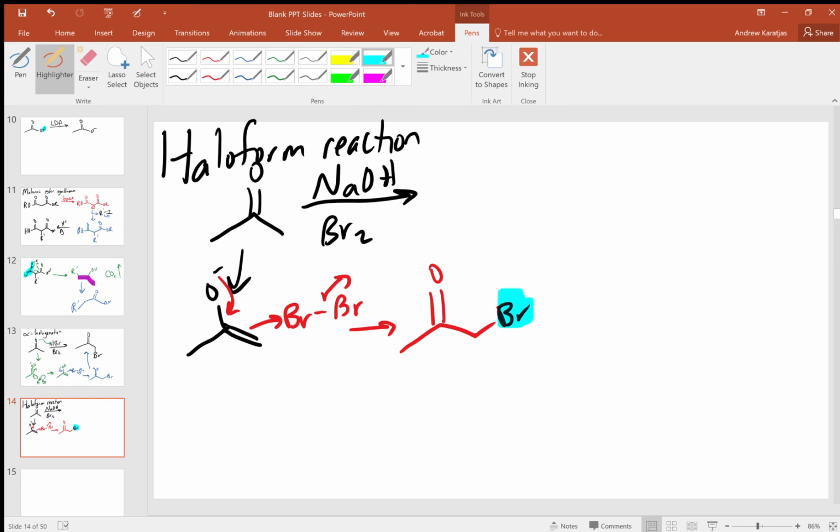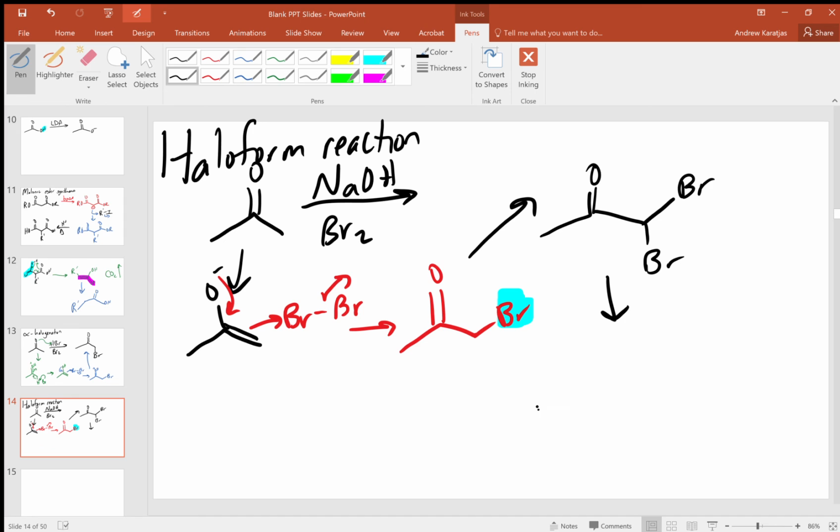So what'll be the result? The reaction happens again, adding a second bromine. Now, if one bromine made it more reactive, the second bromine even more so. And so the reaction happens a third time.